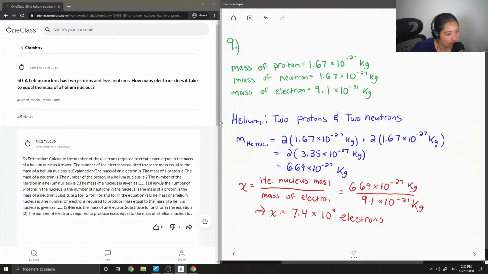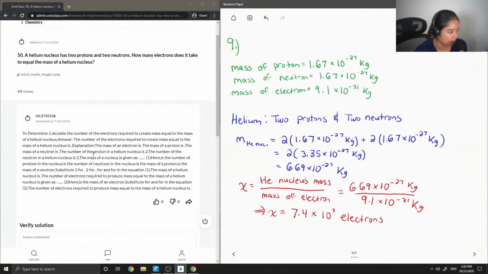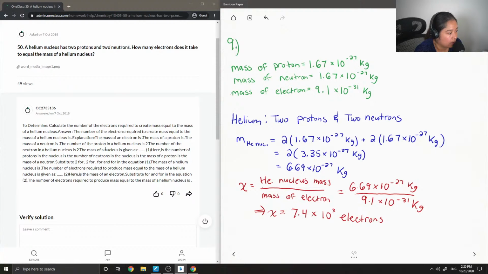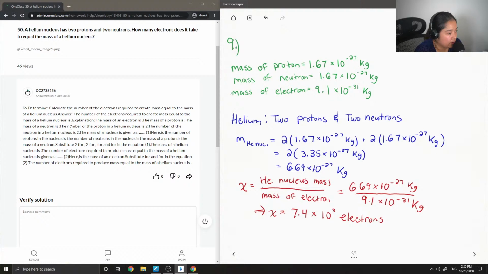Okay, so let's see the answer from our junior tutor. To determine, calculate the number of electrons required to create mass equal to the mass of a helium nucleus. Answer, the number of electrons required to create mass equal to the mass of a helium nucleus is... there's no actual values in the question.